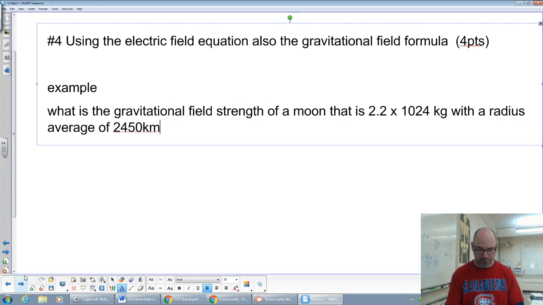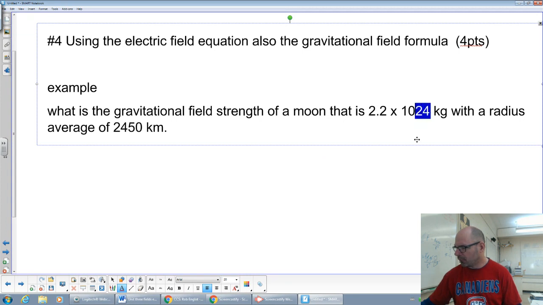Don't know if there's such a moon that exists, but I'm just making it up. Okay, so that would be a gravitational field strength question.